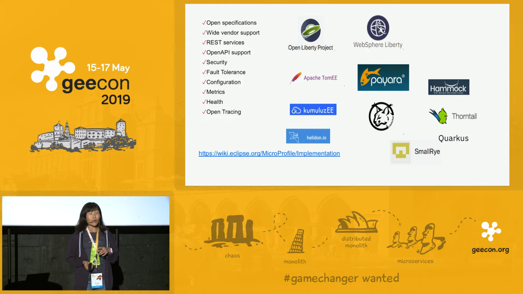Red Hat has Thorntail, Quarkus, and SmallRye, Payara has Payara, and the Tomitribe has TomEE and Meecrowave, etc. Oracle has Helidon. So you can see there is a lot for you to choose from once you choose MicroProfile. In MicroProfile, we have 8 specifications for you to use to build your microservices: REST service, Open API, security, fault tolerance, config, etc.